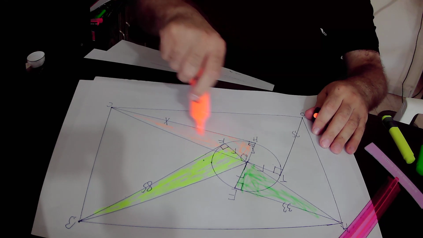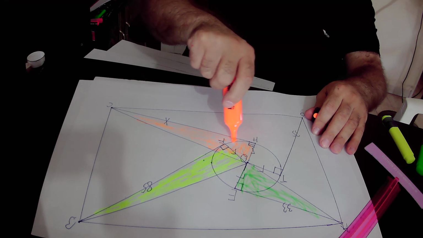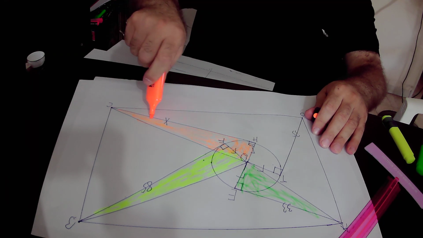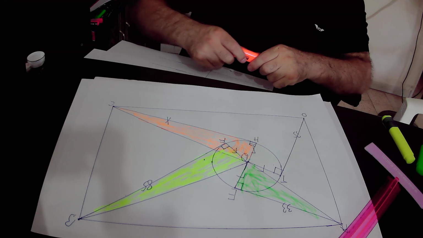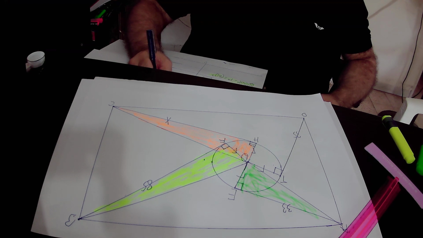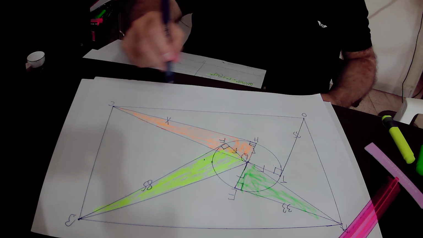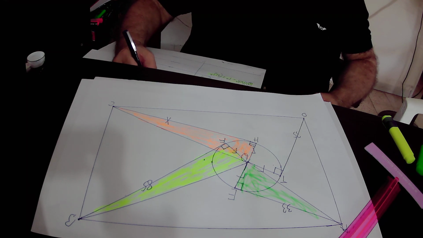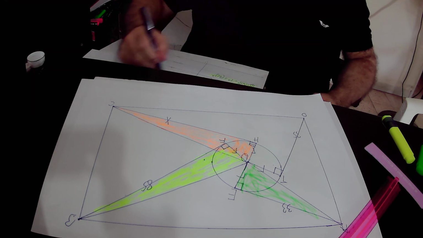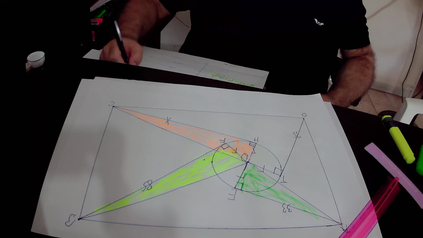By PT, CO square equals HO square plus HC square.